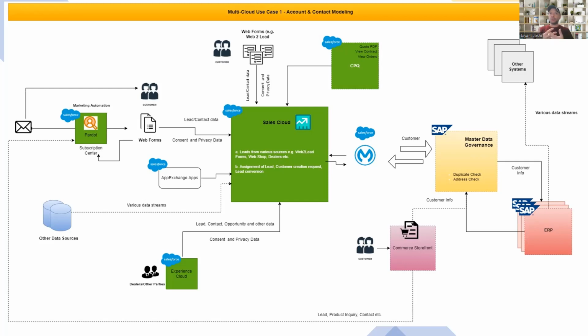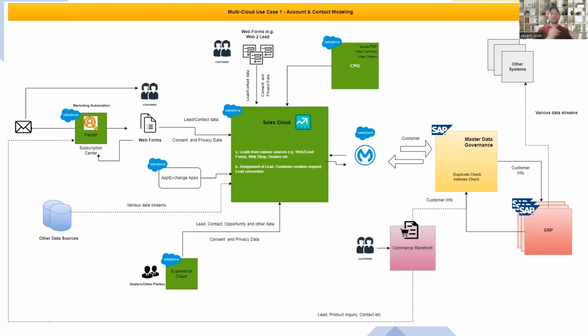There could also be AppExchange applications that have been installed, which generate data. Maybe there are some other data sources which inject data into Sales Cloud in terms of company information, leads, prospects, contacts. And you might even have some web lead forms. The data could also be coming from Experience Cloud.